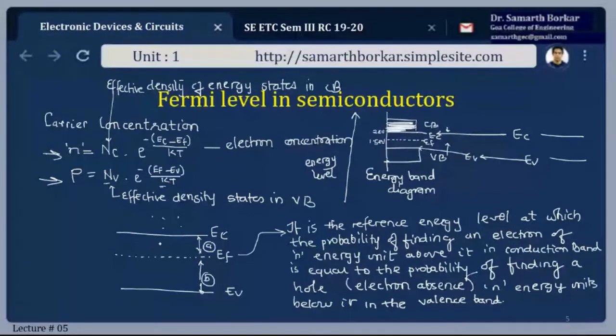And if it is a p-type semiconductor, the number of holes will be more, and this line will shift towards the valence band. So there will be a shifting. But in any case, this equation will hold true. And what is that equation? The product of n and p will always be equal to the square of the intrinsic concentration. And this we have derived from the mass action law, or law of mass action.